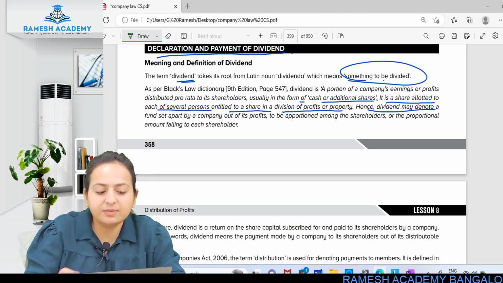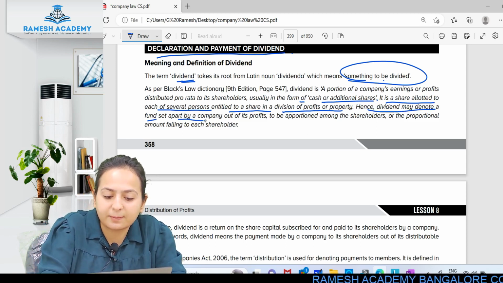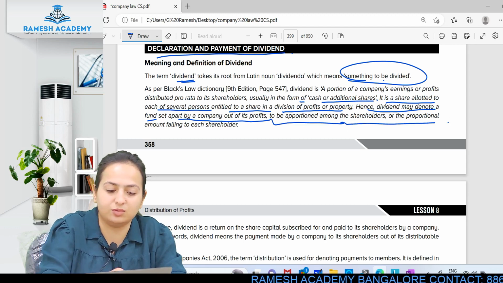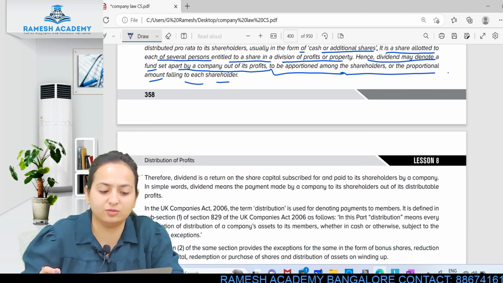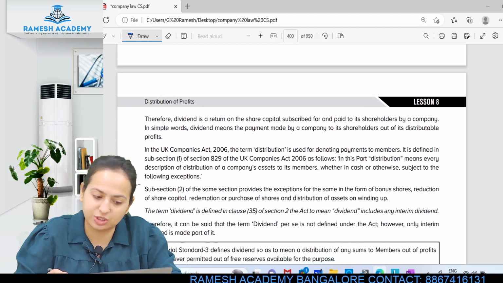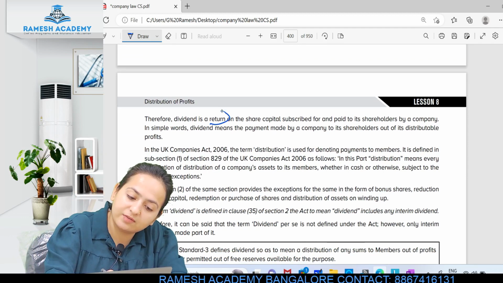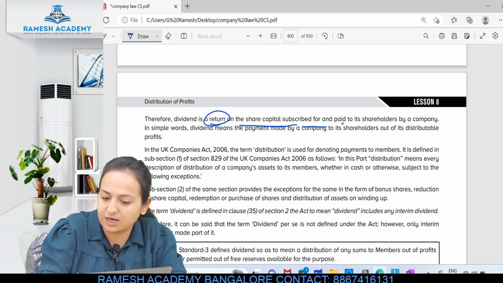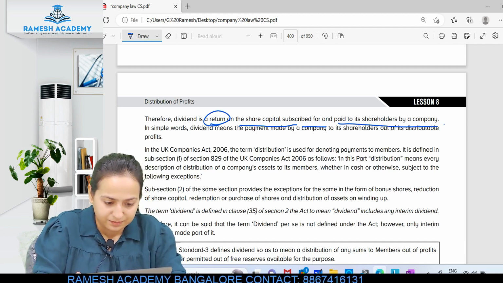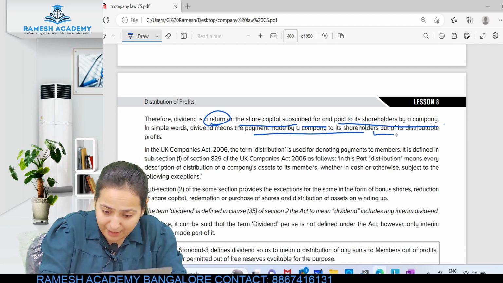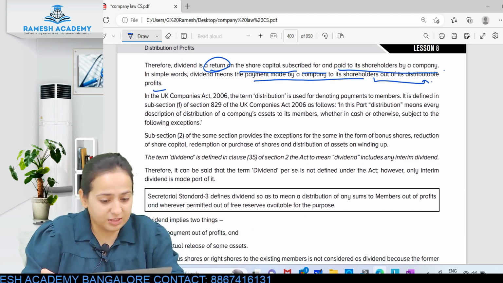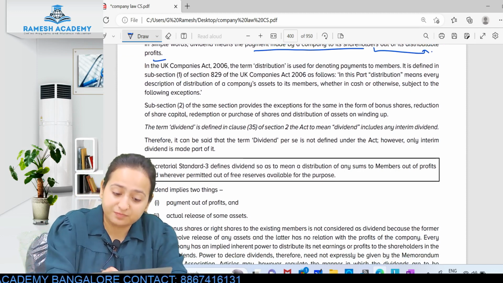Hence, dividend may be noted as the funds set apart by the company out of the profits to be apportioned among the shareholders, or the apportioned amount falling to each shareholder. So, what is dividend? Dividend is the return on the share capital which is subscribed and paid up by the shareholders, meaning payment by the company to its shareholders out of the distributable profits.